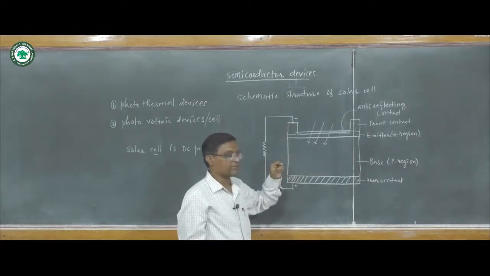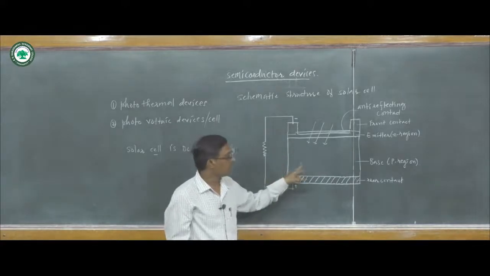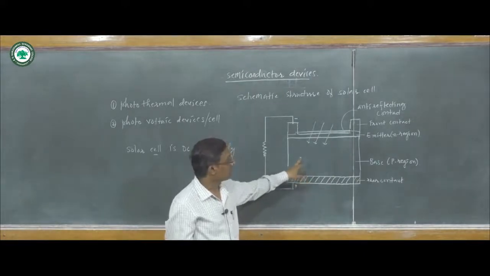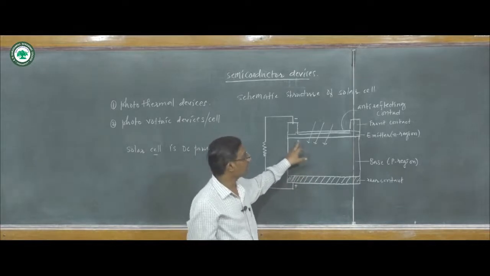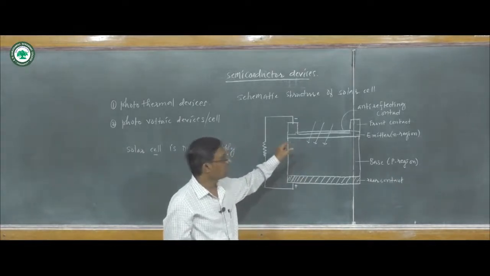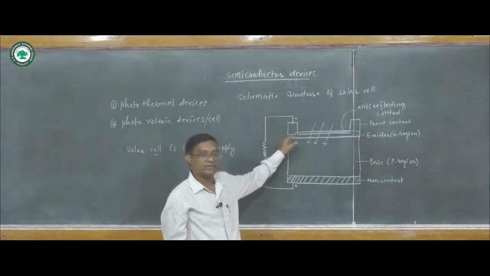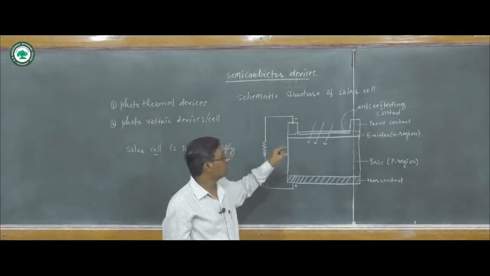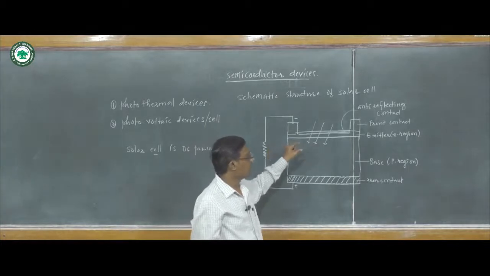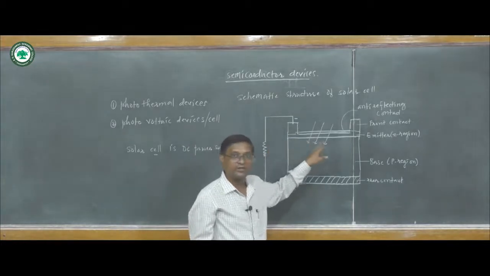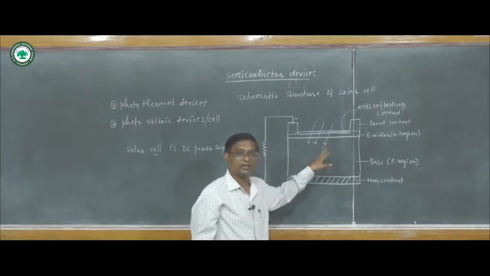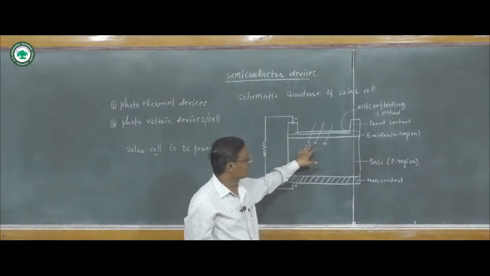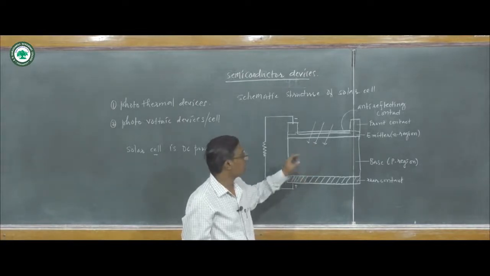Again, the N region in this solar cell is very thin as compared to the P region. This N region is minimized in thickness because when the sunlight falls on this region, it directly reaches the PN junction of this diode.